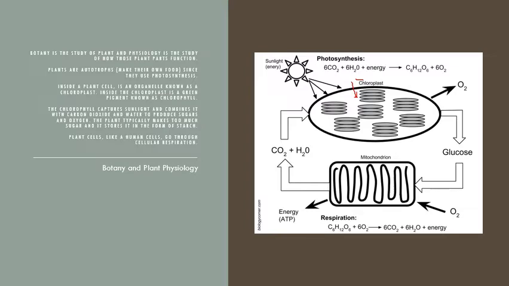So the chlorophyll is what captures sunlight, and it combines the sunlight with carbon dioxide, which you have right here, CO2. So it combines carbon dioxide with water and the sun's energy inside the little chlorophyll.